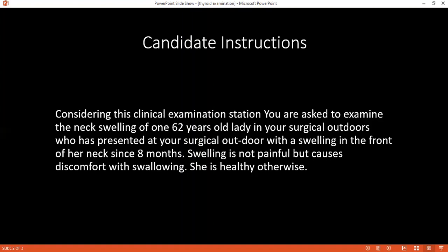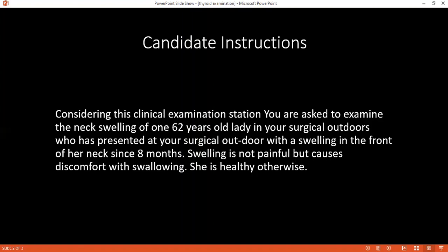After this, I'll check for differential warmth over this. I'll ask if there's any pain, and then I'll check for differential warmth, and then I'll palpate for tenderness. After which I'll measure the size of the swelling, and then I'll palpate for centrality of the trachea, and then I would palpate the surface.